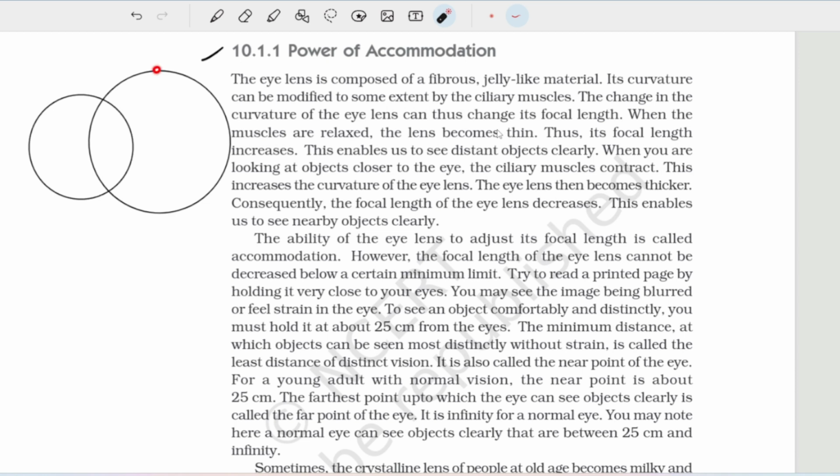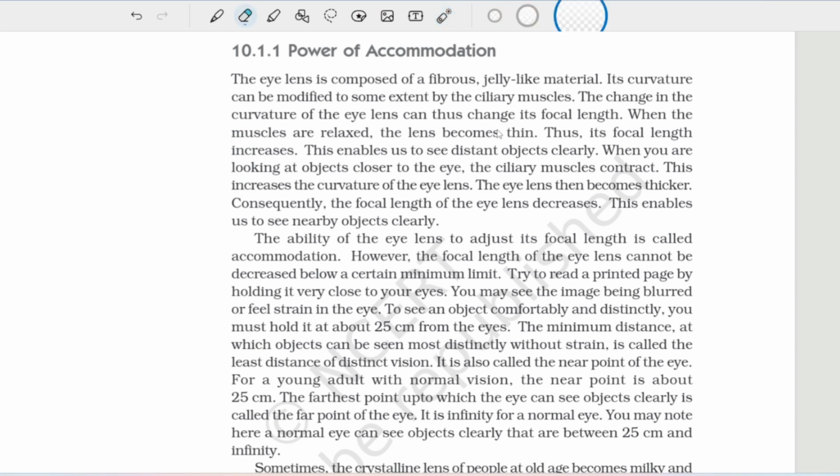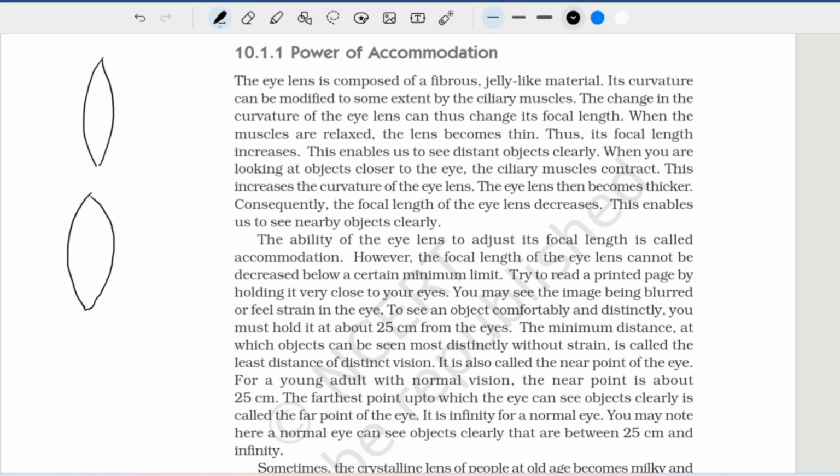And the one with less bulged curvature will have a longer focal length, correct? So now we'll understand that the lens can also change its curvature according to the need, meaning where it wants to form the image. Can you see here in both of these lenses there is a difference in their curvature?